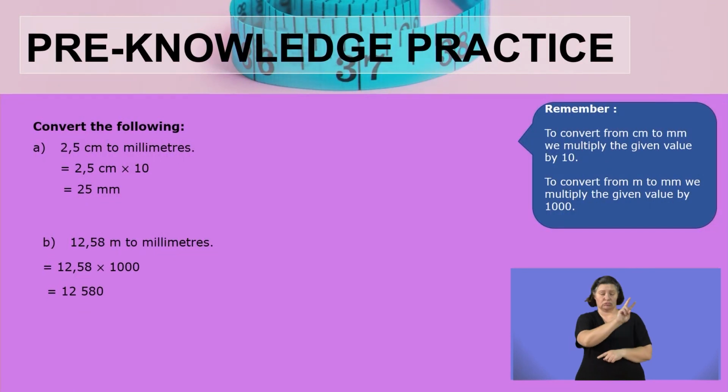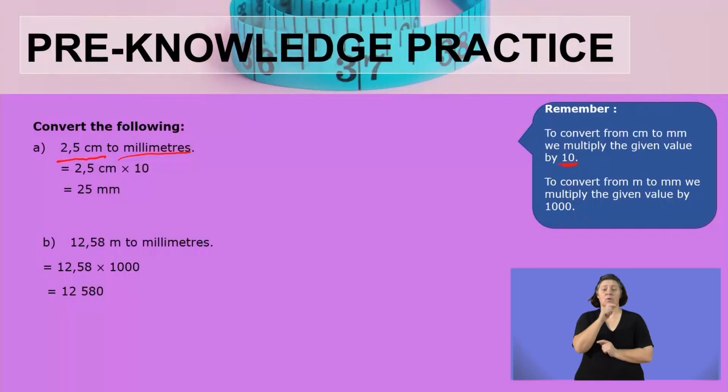Now let us take the first example. Convert 2,5 centimeters to millimeters. But what is it that you need to know so that you can convert? Because we are not yet at the section of conversion, we will give you the conversion factor. The conversion factor that we need to answer this question is 10, because 1 centimeter is equivalent to 10 millimeters.